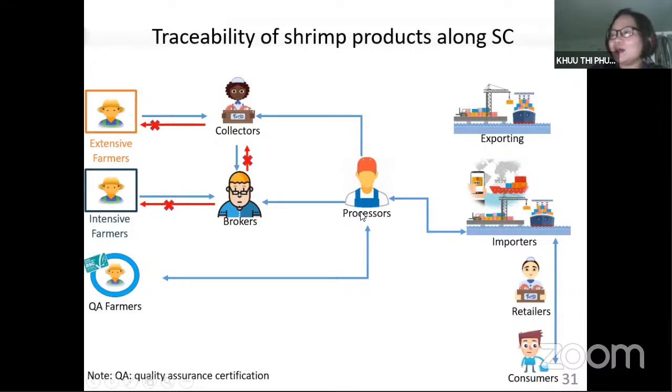We can trace to the collectors, and we can trace back until the farmers who are applying quality assurance. But between collectors, brokers and individual farmers, we cannot trace the information.